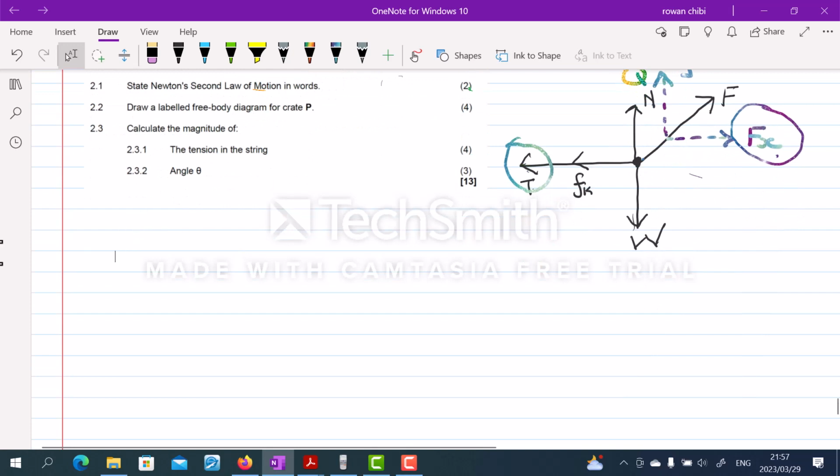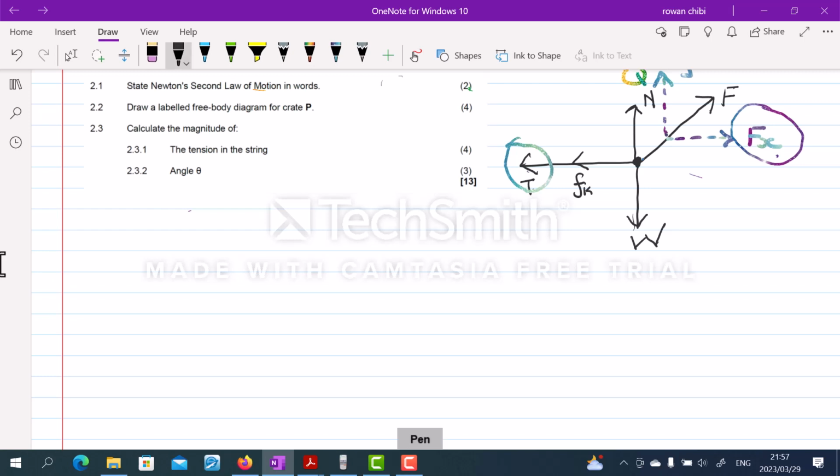So for 2.2, first, let's take a direction. Let's take right as positive for this one.